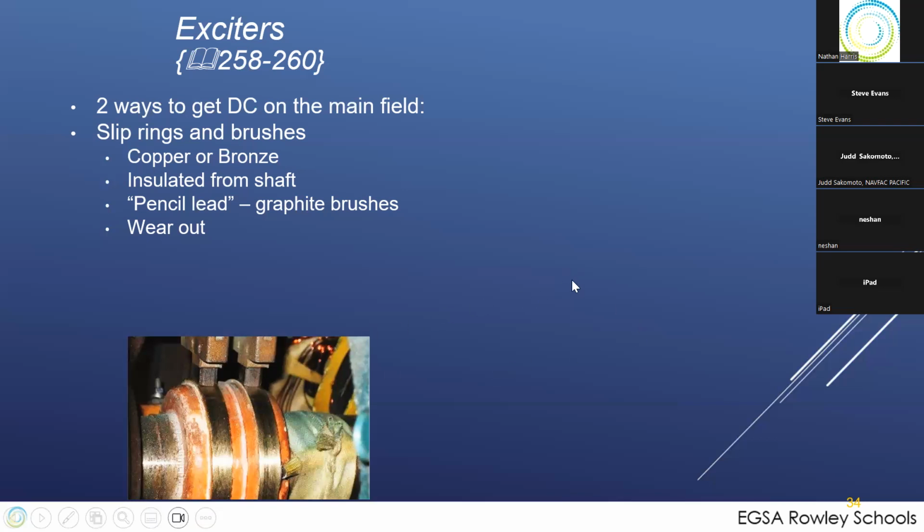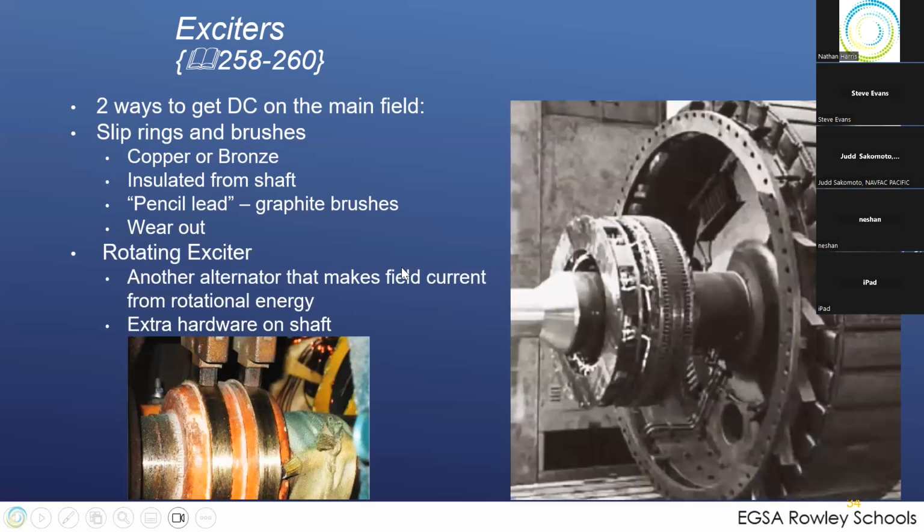And of course, it never fails that you're interchanging these brushes in the worst conditions. A rotating exciter has moving parts, yes, but no touching parts like you do in the slip rings of a machine that's fed from an external source.